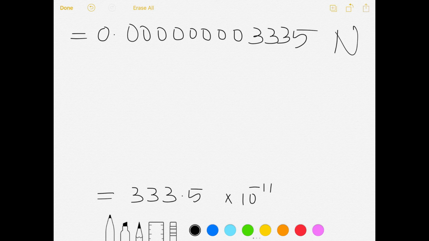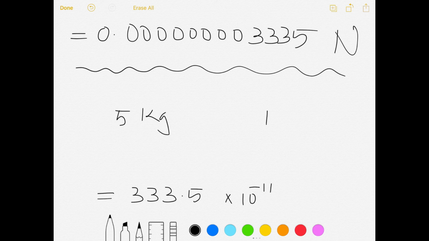See, this is the magnitude of the force acting between any two objects of masses 5 kilogram and 10 kilogram kept at a distance of 1 meter. So you see, the force acting between these objects is really very small, or very minute. That is why the objects kept near each other are not attracted.